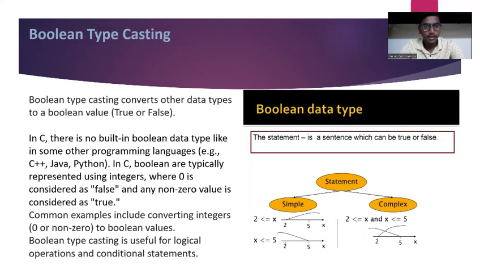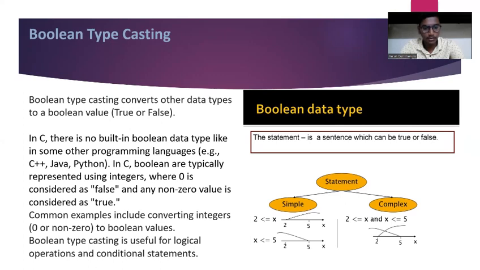Next, Boolean typecasting. Boolean typecasting converts other data types to Boolean values like true and false. In C, there is no built-in Boolean data type like other programming languages have, for example C++, Java, Python, etc. In C, Booleans are typically represented using integers, where 0 is considered false and any non-zero value is considered true.